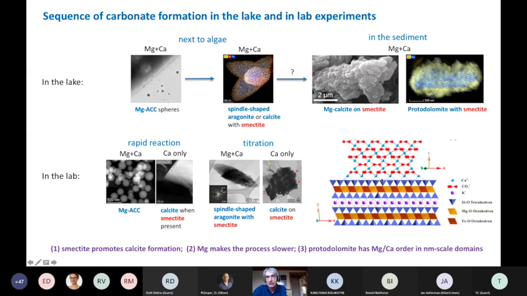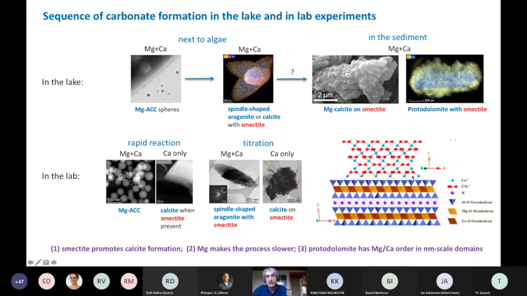That's not a big wonder, because the surface of smectite can probably template calcite formation, but it doesn't happen in the way that we first thought, that individual calcium ions would arrive on the surface and make a crystal immediately. What we think is happening is that the nuclei form in the solution and get fished out by the smectite surface.